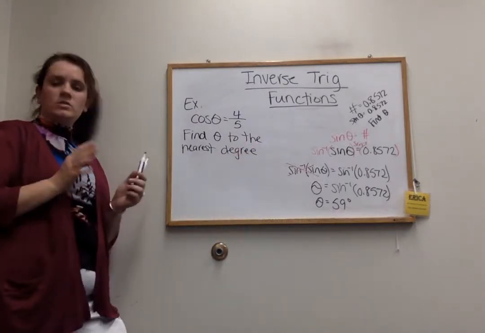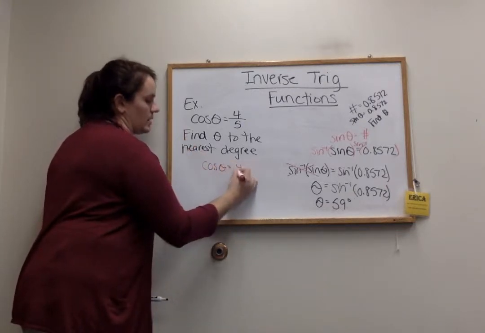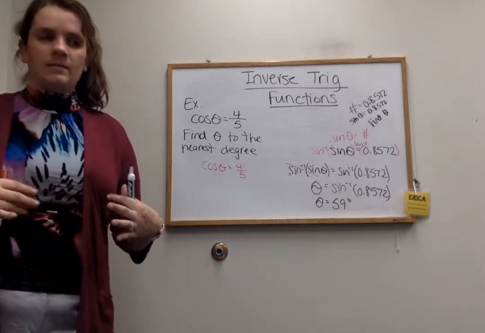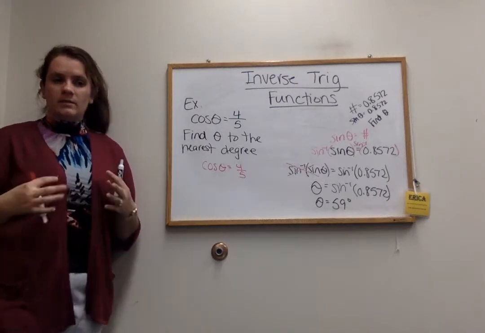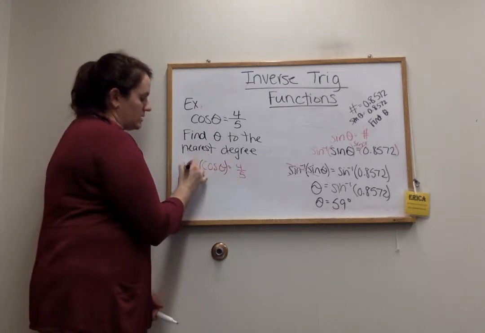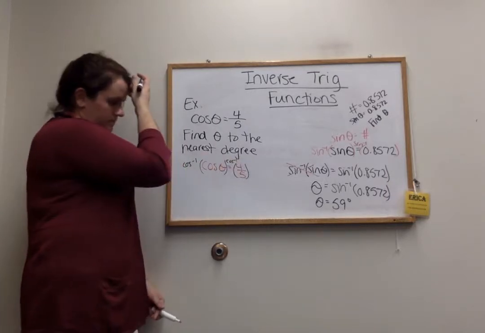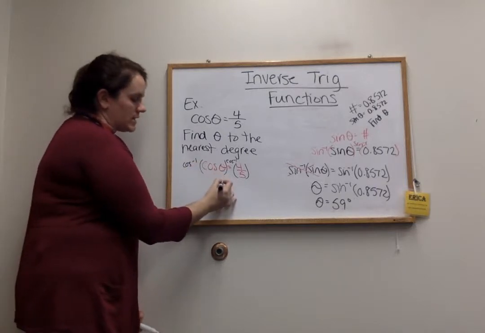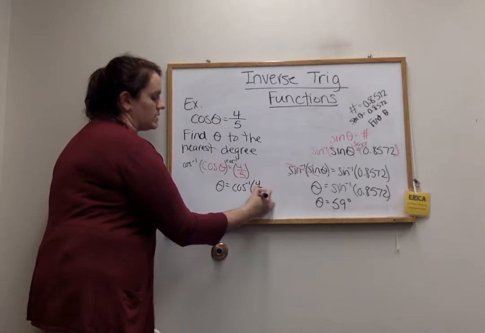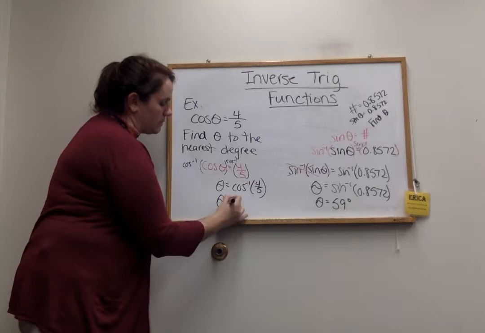Okay, so cosine of theta equals 4/5. If I want to get theta by itself, if I want to undo a cosine, I use the cosine inverse. So I take the cosine inverse of both sides. I take the cosine inverse of this side as well. Cosine inverse of the cosine is just theta. Cosine inverse of 4/5. Right? And then this I can plug into the calculator.